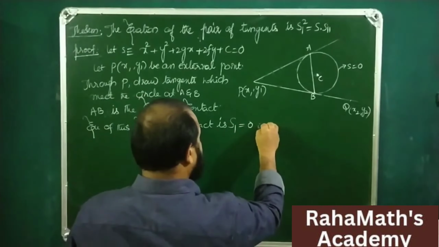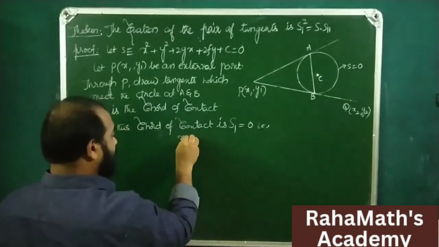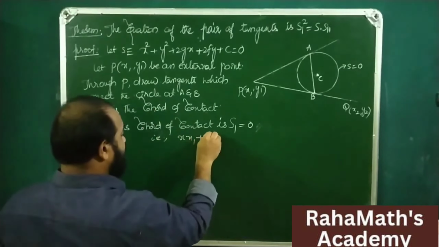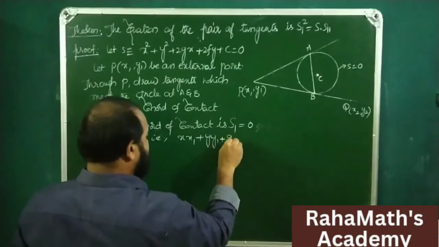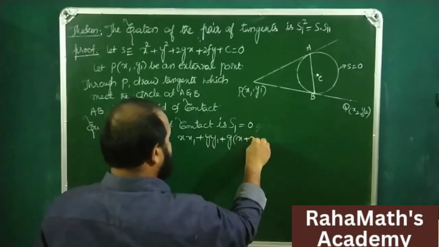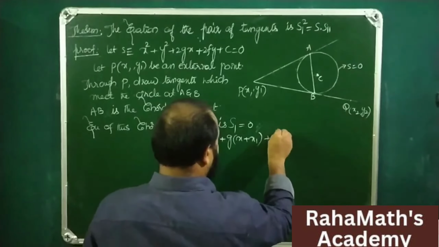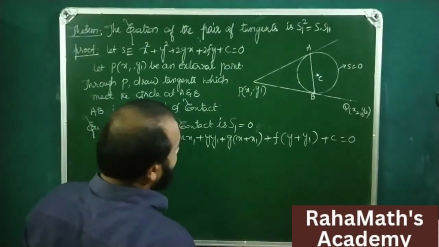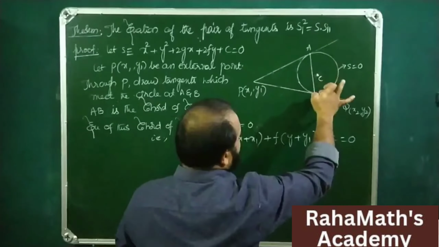That is xx1 plus yy1 plus g times (x plus x1) plus f times (y plus y1) plus c equals to 0. Now, see, AB is the line.